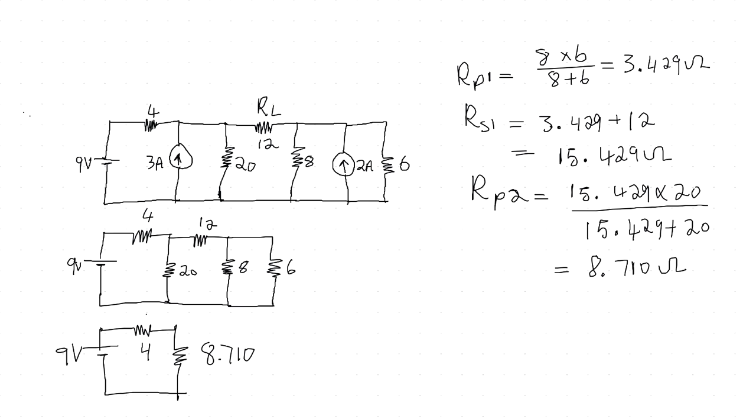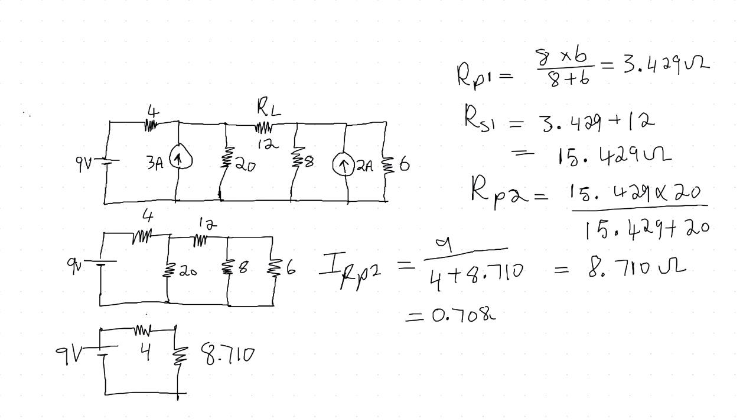Then I will say IRP2 is equal to 9 divided by 4 plus 8.70, so my current is going to be 9 divided by 4 plus 8.70, which gives me 0.708.